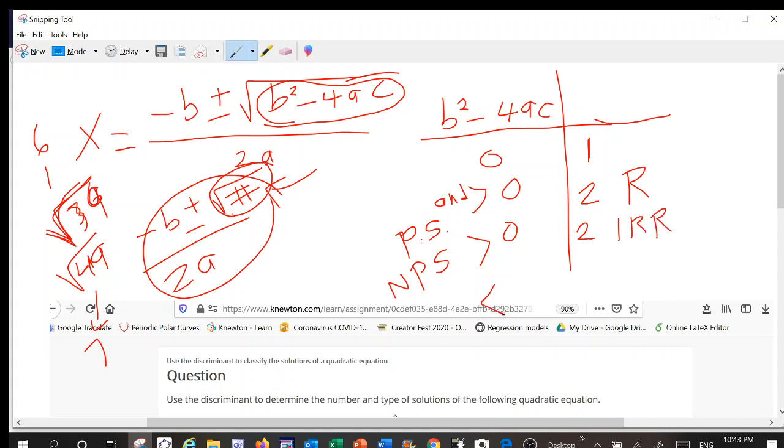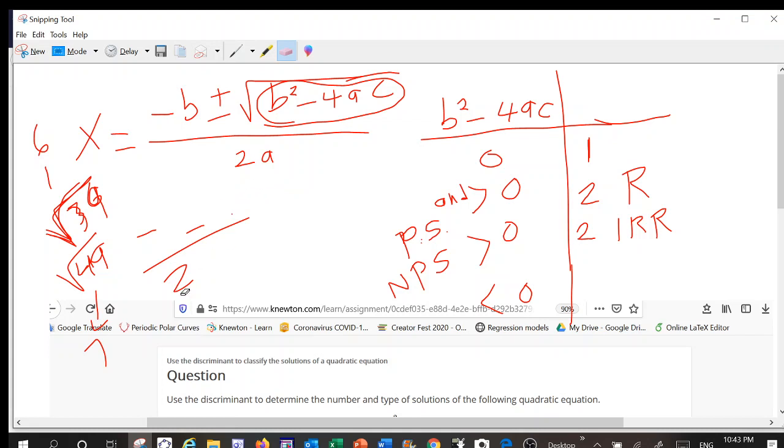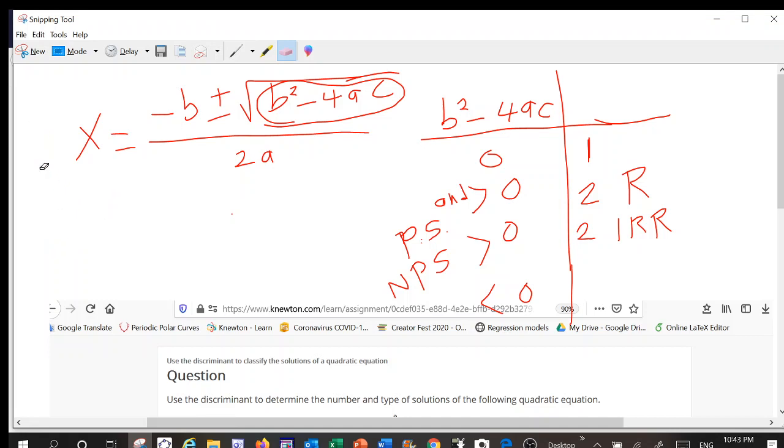And if the discriminant is less than 0, that means it's negative. Now from the previous section, you remember that if the inside of the radical is a negative number, what happens? Well, then we end up with i times a number.